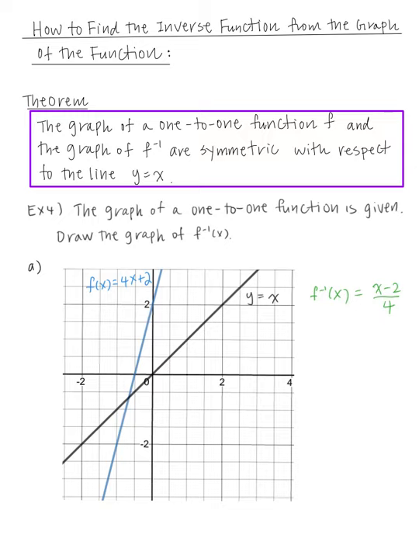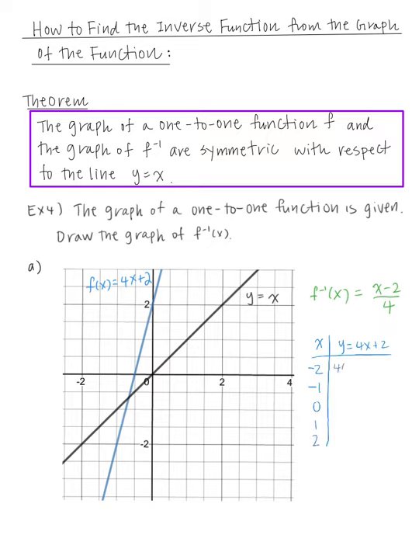So let's do this. If you're not good at drawing pictures like me, you can always make yourself a chart for your function f, which is y equals 4x plus 2. And then just start punching in some numbers here. So let's take our x as maybe -2, -1, 0, 1, 2. And let's compute the corresponding y value.